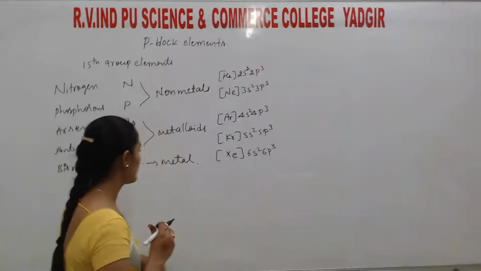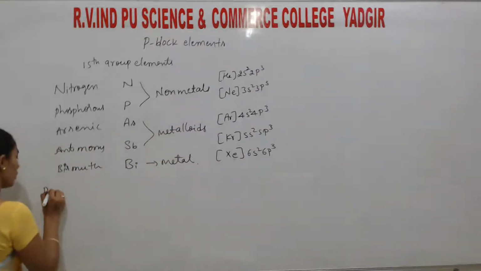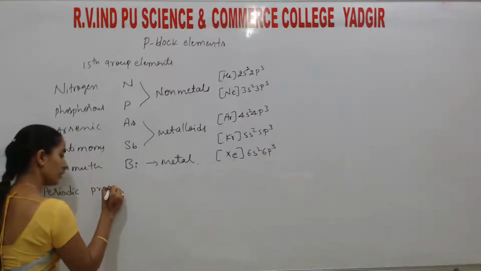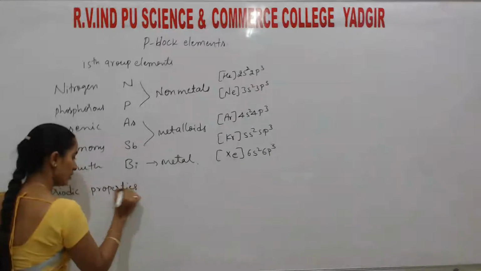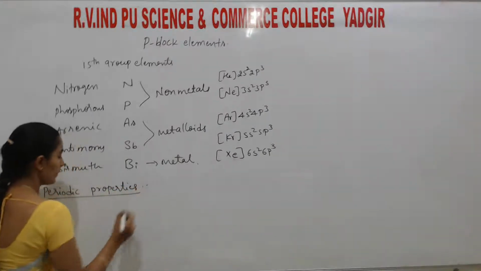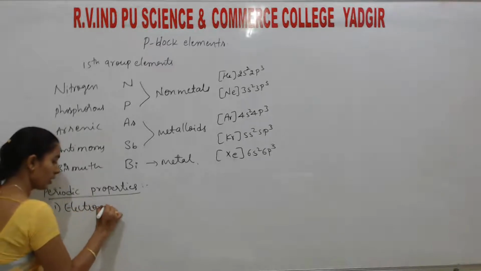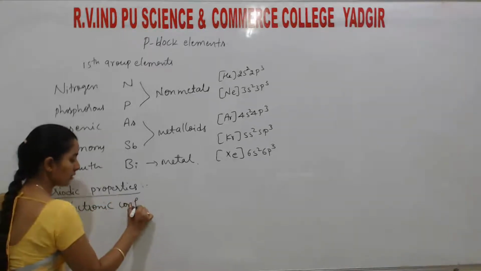If you want to consider the periodic properties, the first one is electronic configuration.